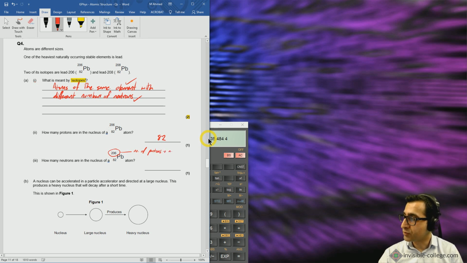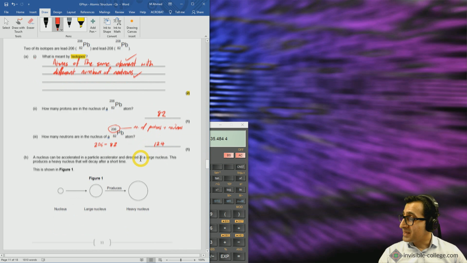If this is equal to 206, but the number of protons is 82, then the number of neutrons is going to be 206 minus 82. And so if ever you want to find the number of neutrons in the nucleus of an atom, you can simply subtract the number of protons, the atomic number, from the mass number. And this gives us 124 neutrons.